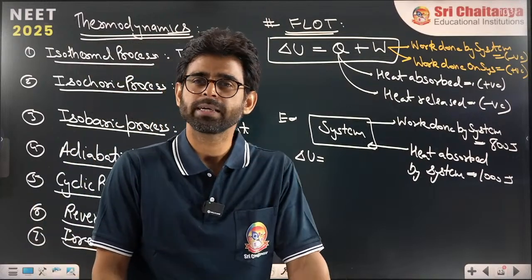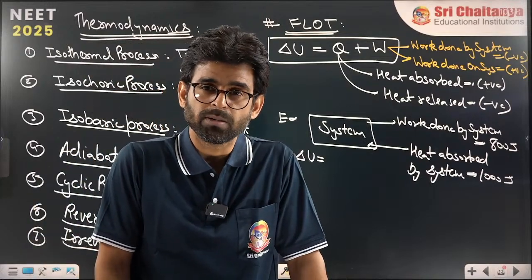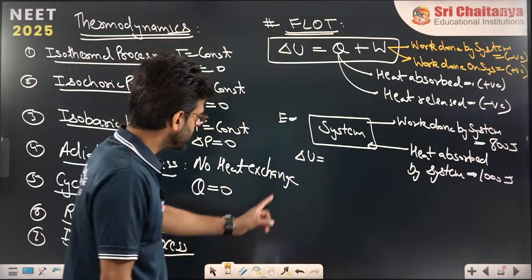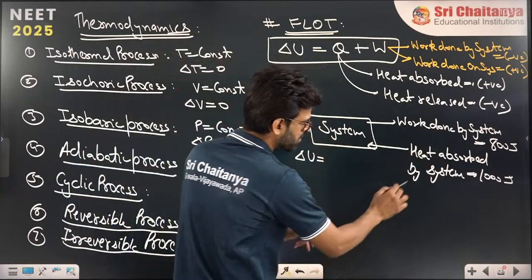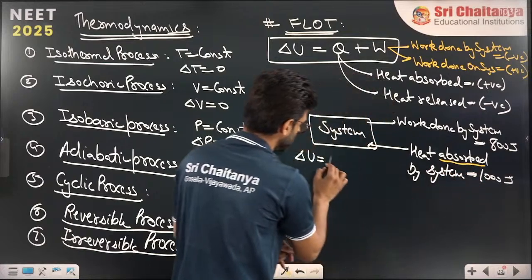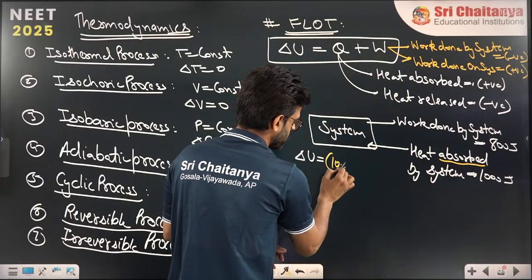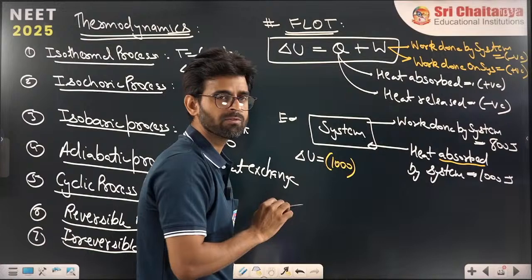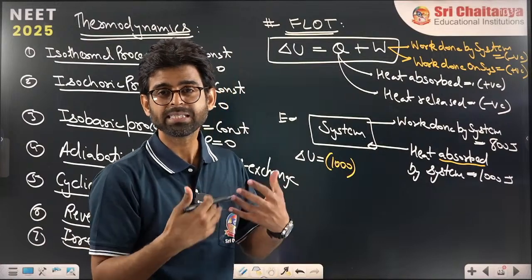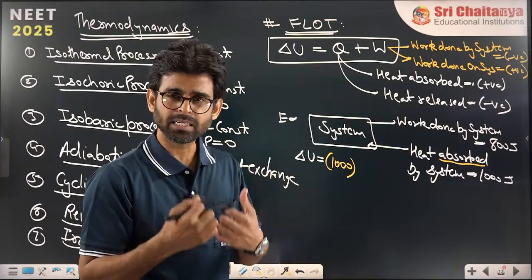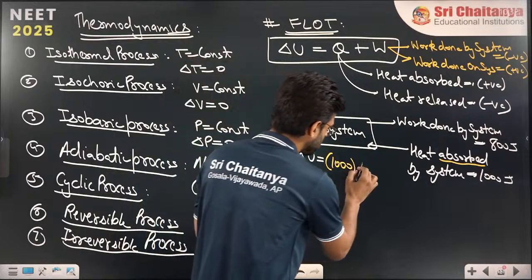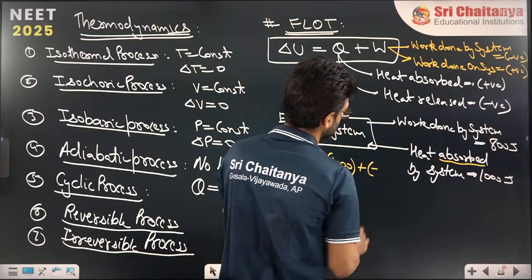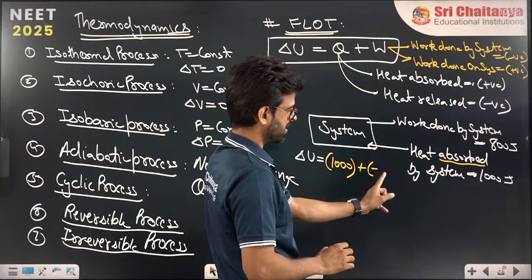So how will you find it? Delta U is Q plus W, right? So what is Q here? Should I take Q positive or negative? Absorbed, so it will be 1000 joule, positive. It is increasing the internal energy of the system, right? And plus work. What is work?